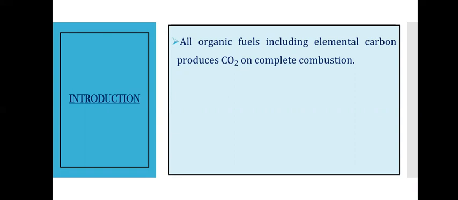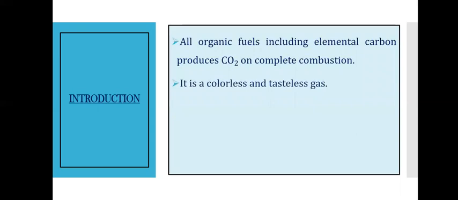Now this is a difference between carbon monoxide and carbon dioxide. When there is incomplete combustion, it results in the formation of carbon monoxide. But when it's complete combustion, then it results in carbon dioxide. Now, combustion, in simple terms, is heating of a substance in presence of oxygen. So, availability of oxygen is the most important requirement for a combustion process to take place.